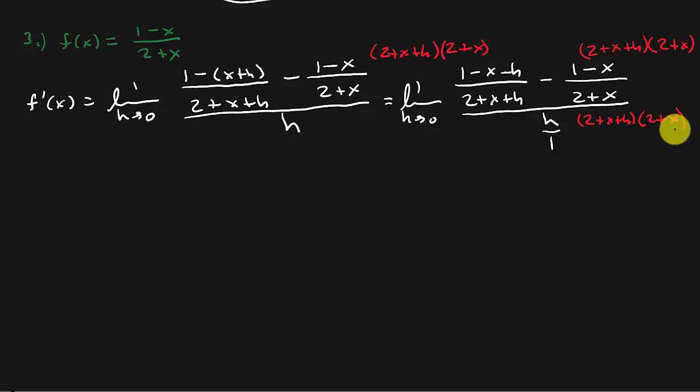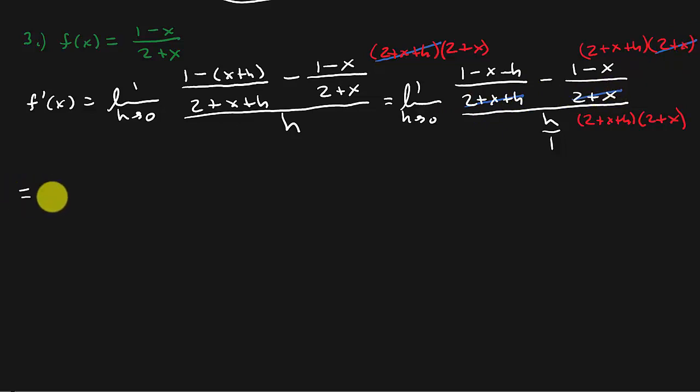So all I did is I'm taking the common denominator, which is this, and I'm multiplying it to each term. And so what happens here is this and this cancel, this and this cancel.